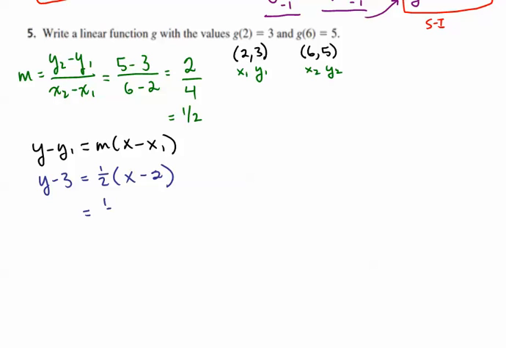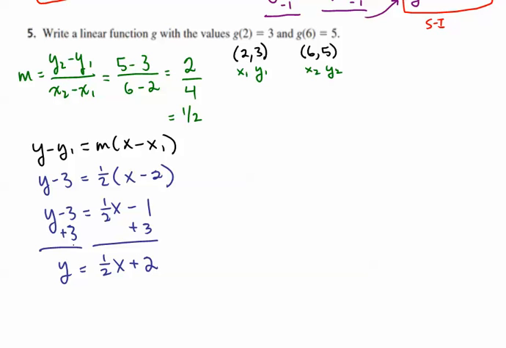We end up with 1/2 x. 1/2 times negative 2 is negative 1. y minus 3. We'll add 3 to both sides. y is equal to 1/2 x plus 2.